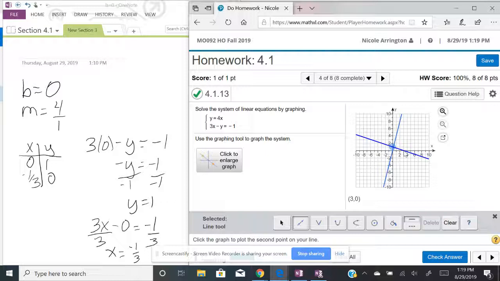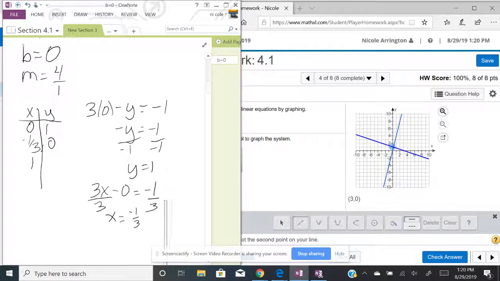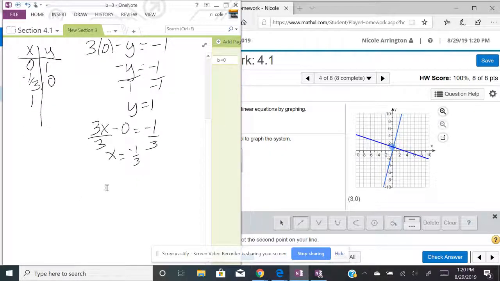So I'll come back here, and I'm actually going to pick 1 for x, and then I'm going to solve for y. So I can do 3 times 1 minus y is equal to -1.